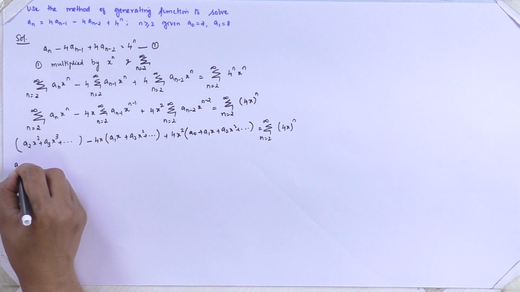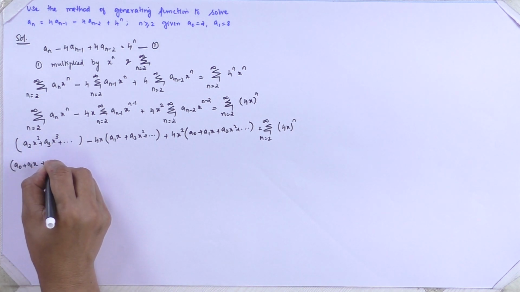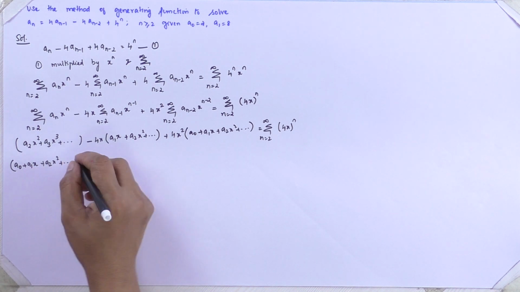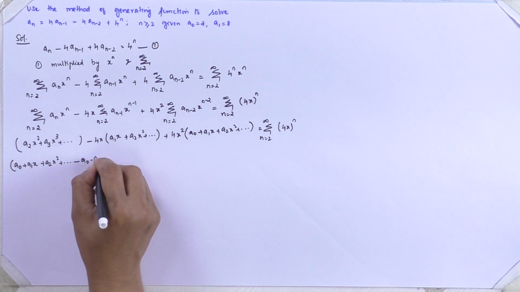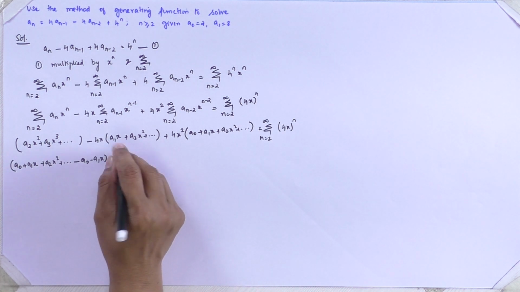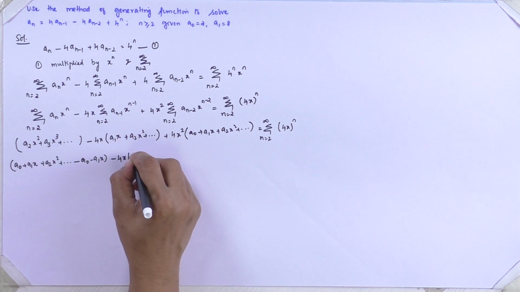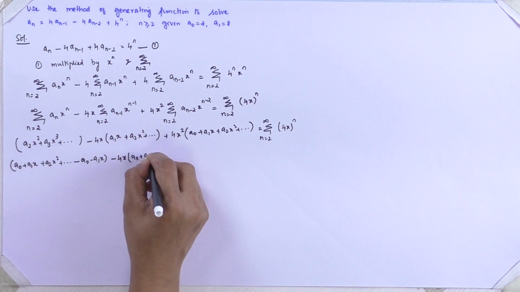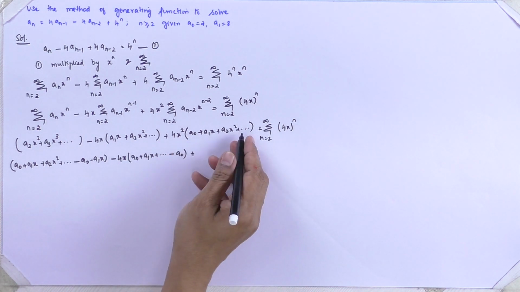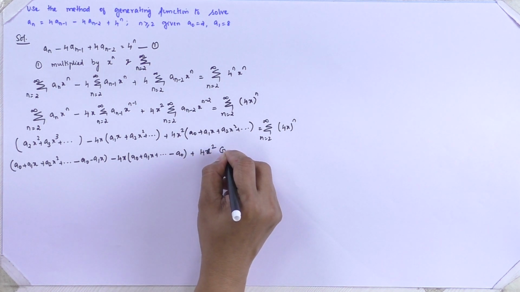So I can add a naught, a1x here to the term a2x square plus so on, minus whatever term I have added, I will have to subtract. Only then the value will not be altered. Minus 4x, here if I have to make use of the generating function, a naught is missing. So I will add a naught, then I will subtract that a naught. Here no need, since it is exactly the generating function, I will simply write it as g of x.